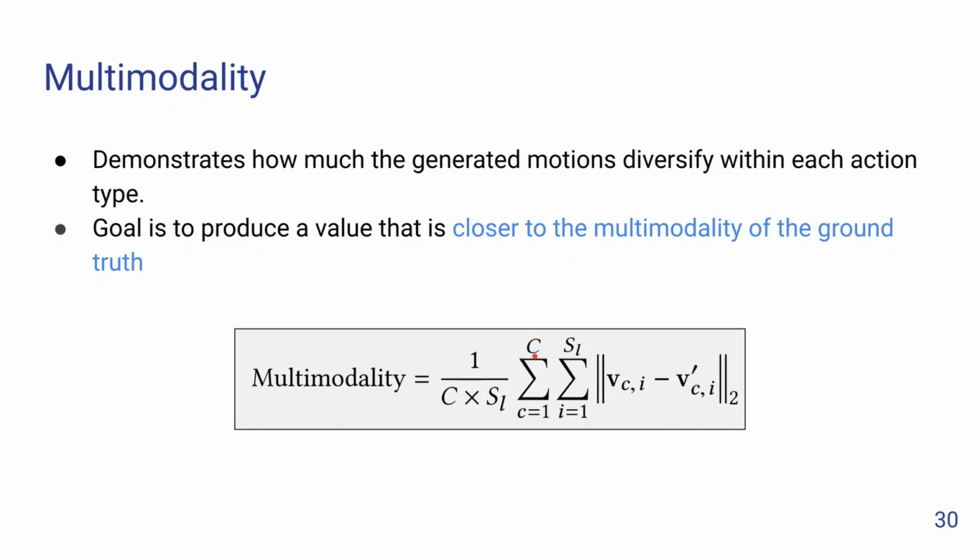And basically, it's a set of action types for the generated motions. And then within this additional summation, we're going to basically run the diversity within it. Notice the 2 vectors here from S sub L, which is the same thing as S sub D in the previous slide. And then finally, we're going to normalize it with both C and S sub L.